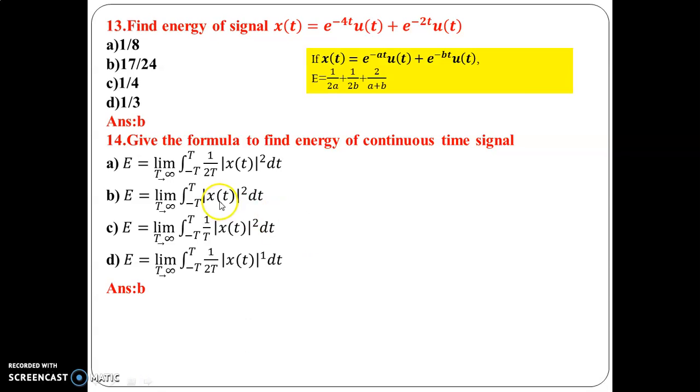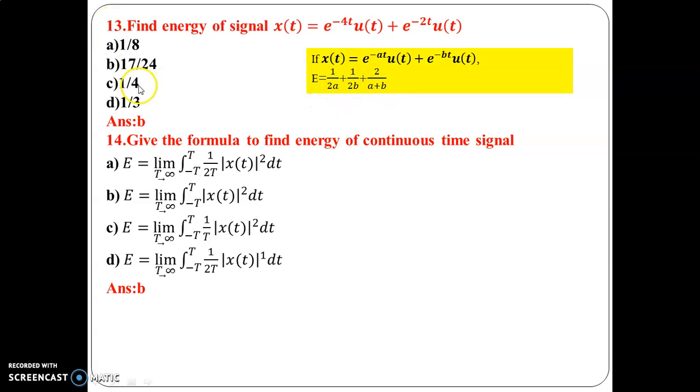So next question. Find energy of signal x of t is equal to e power minus 4t u of t plus e power minus 2t u of t. For this signal, you are asked to determine the energy. Actually, you can find the value of energy using the formula to determine energy. We have a shortcut also. The formula is: if x of t is equal to e power minus at u of t plus e power minus bt u of t, the value of energy is 1 by 2a plus 1 by 2b plus 2 by a plus b.